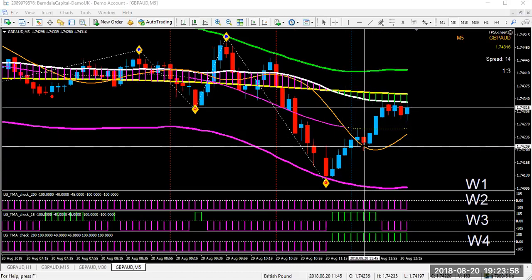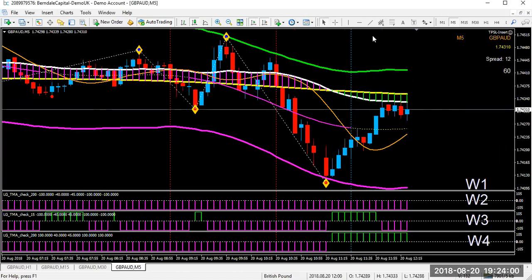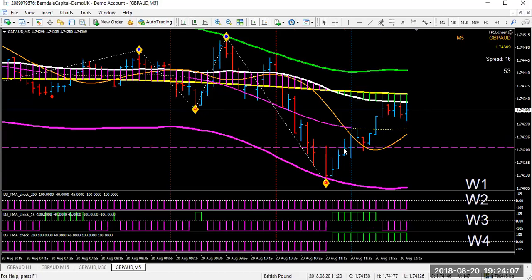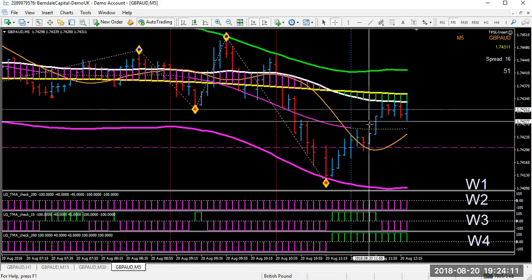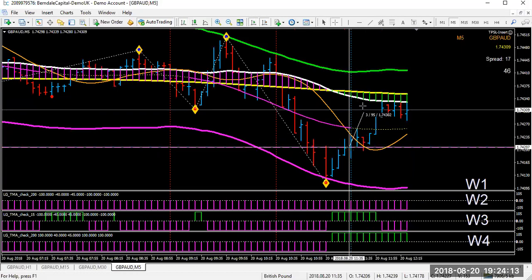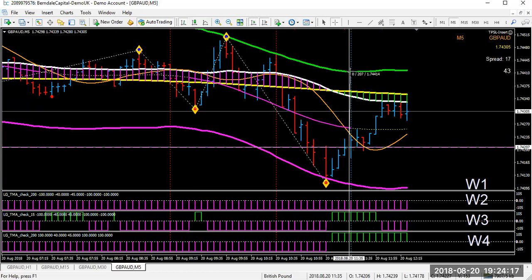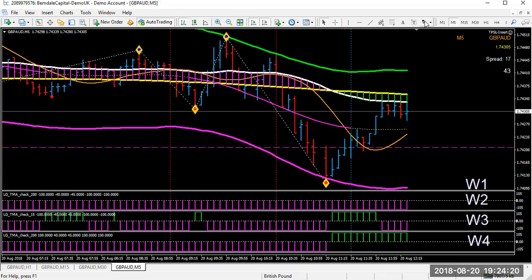If it does that, what that means is that we'd be looking for, okay, so left handle, M5, so 20 pips. So we'd be looking for a price to go.